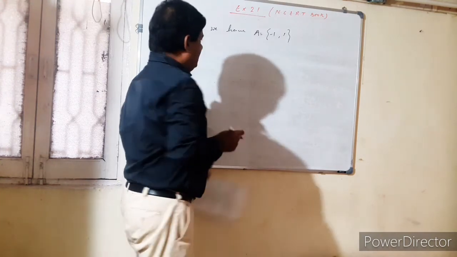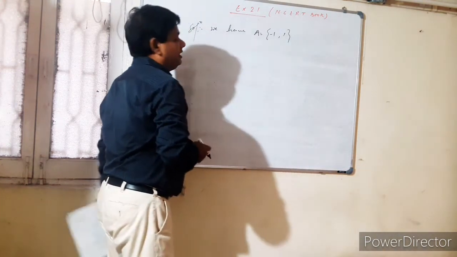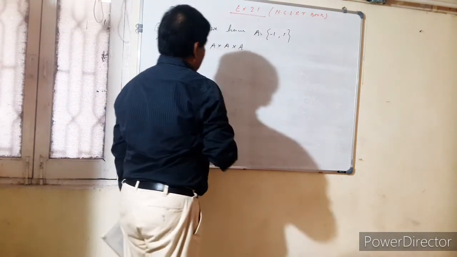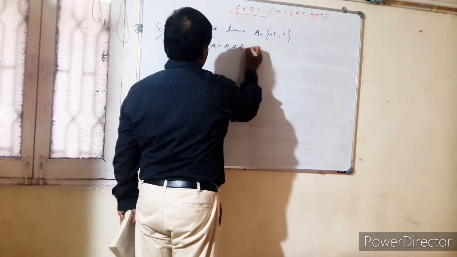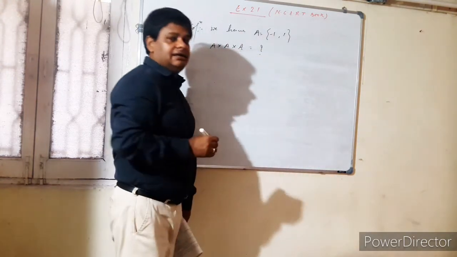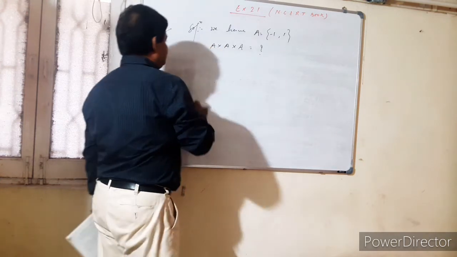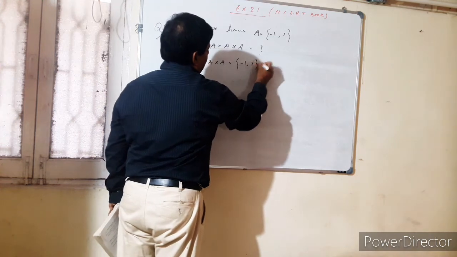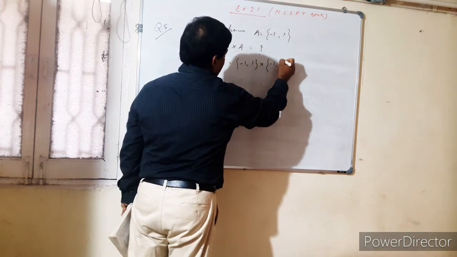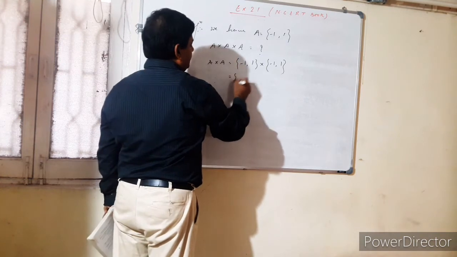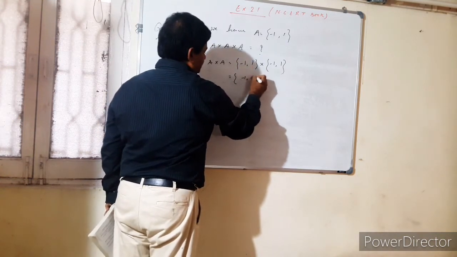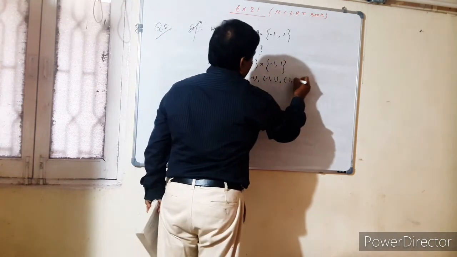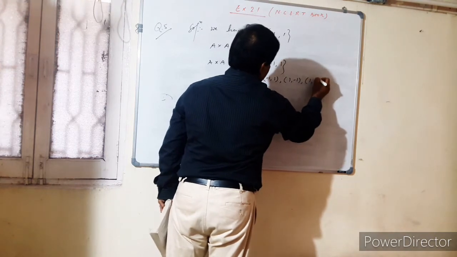We have to find out A cross A. So first of all find A cross A. So A cross A we have to write -1, 1 into -1, 1 like this. So here become -1, -1, -1, 1, 1, -1, 1, 1.